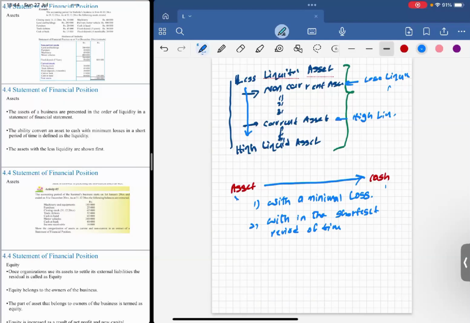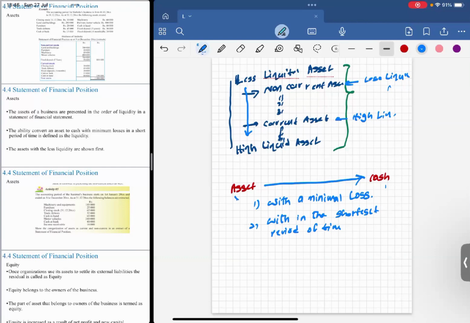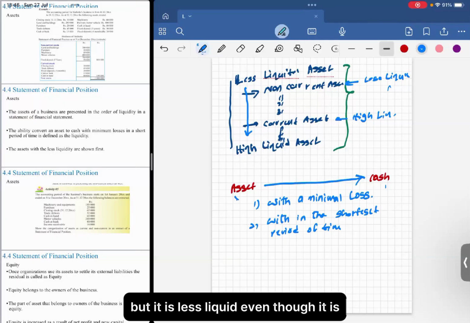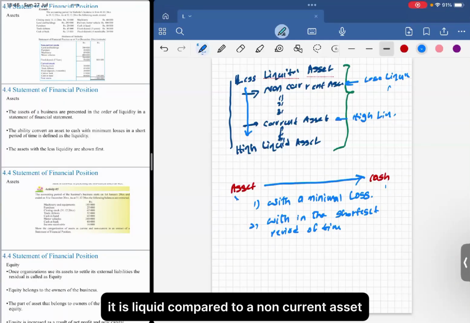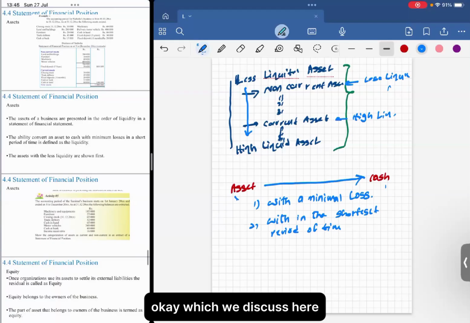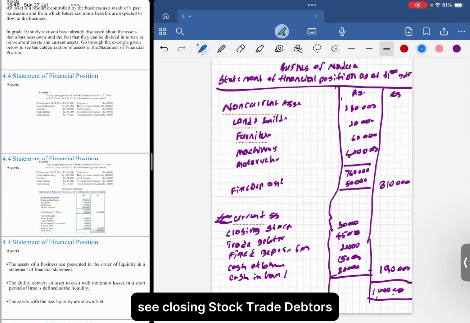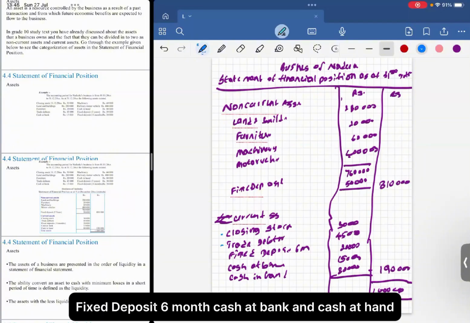On the other hand, among current assets, stock is a current asset, but it is less liquid, even though it is liquid compared to a non-current asset. It is less liquid than cash in hand or cash in bank. Here we have closing stock, trade debtors, fixed deposit 6 month, cash at bank, and cash in hand.